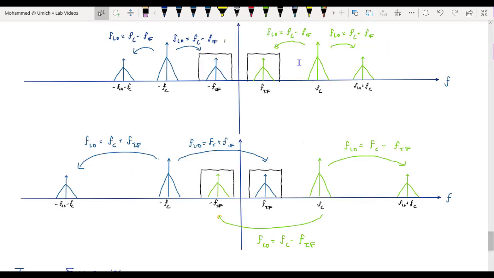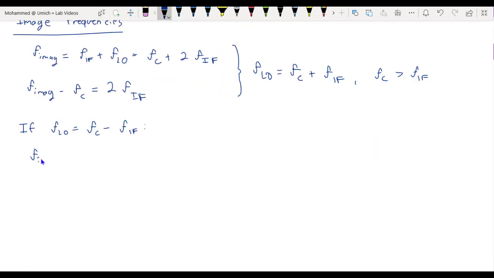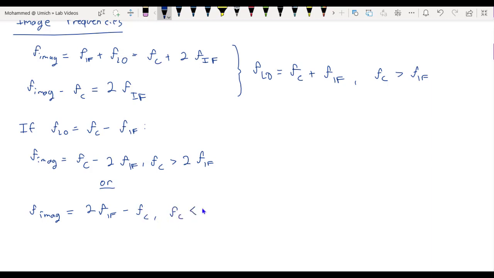Also, if we look at the first figure, where F_LO is Fc minus FIF, we see that the image frequency would be F_image equals Fc minus 2 FIF if Fc is greater than 2 FIF, or F_image equals 2 times FIF minus Fc if Fc is less than 2 times FIF.